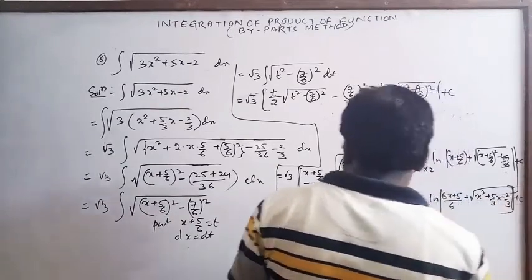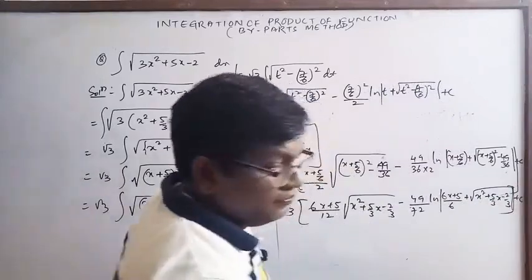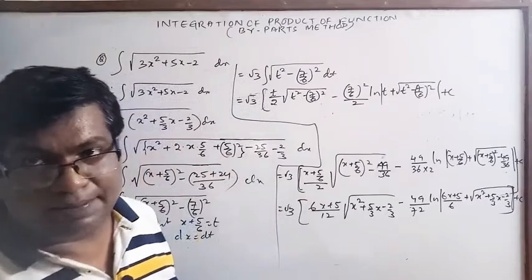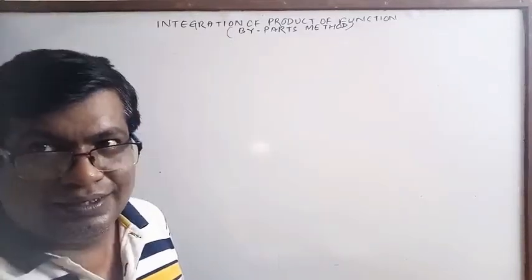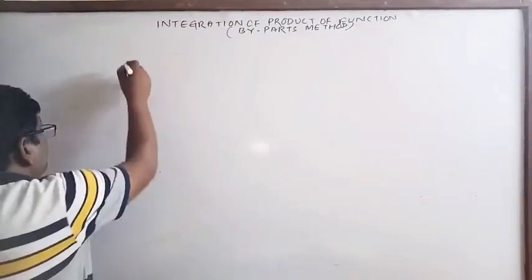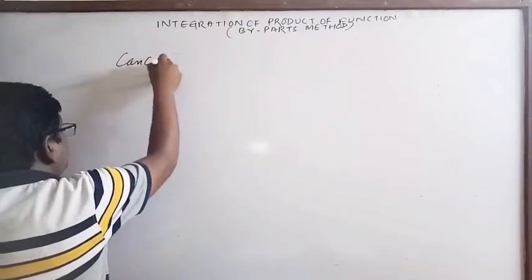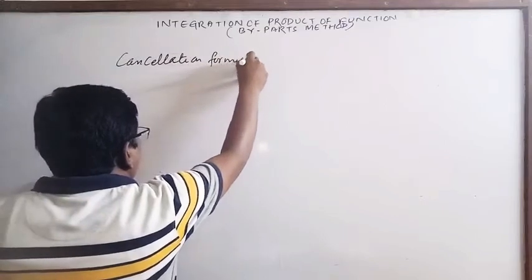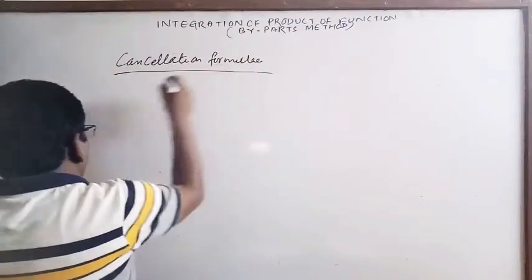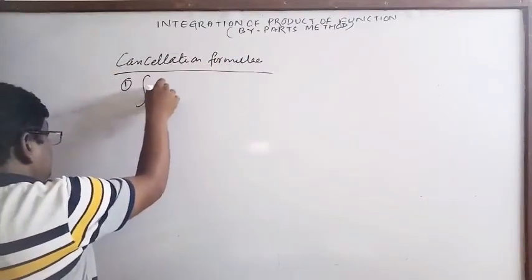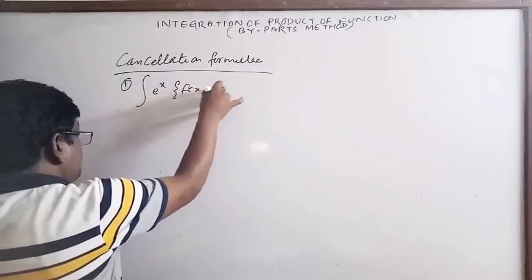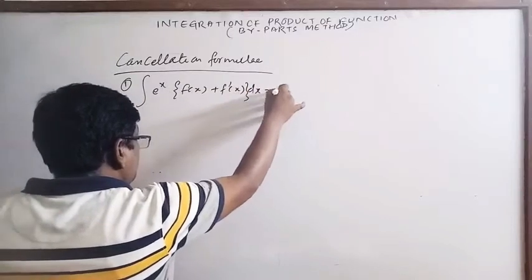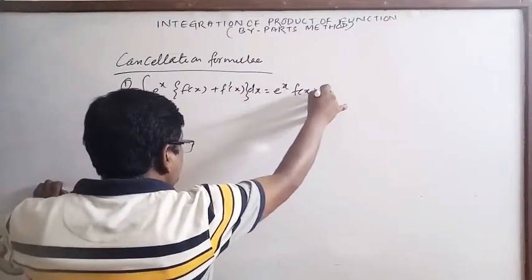This is the answer. Okay. Now let us discuss the cancellation law formula. Number 1 cancellation formula: integration of e to the x into (f of x plus f dash x) dx is equal to e to the x f of x plus c.